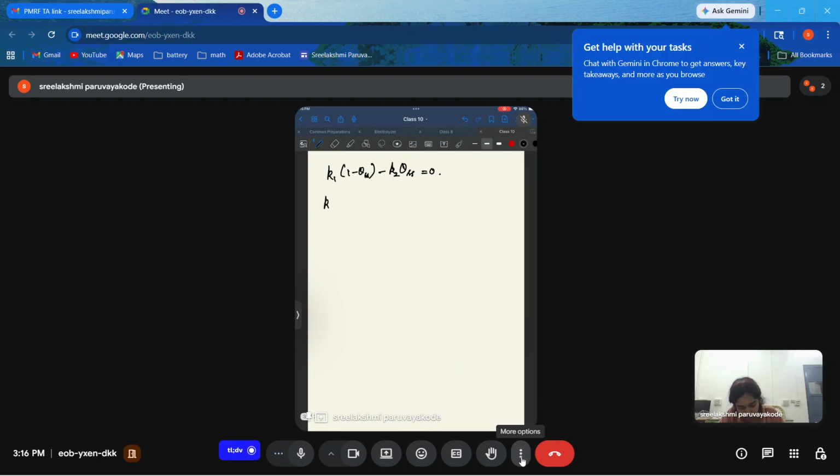Same way, ki equal to ki naught exponential bi E into exponential beta i g theta. So this expression becomes k1 naught exponential b1 EDC exponential beta1 g theta ss into 1 minus theta ss minus k2 naught exponential b2 EDC exponential beta2 g theta ss into theta ss equal to 0. So this is the steady state.